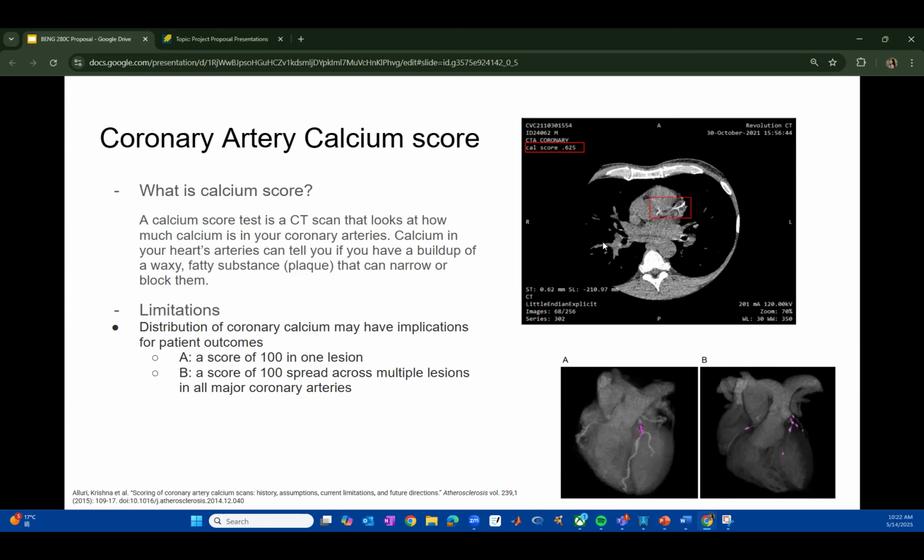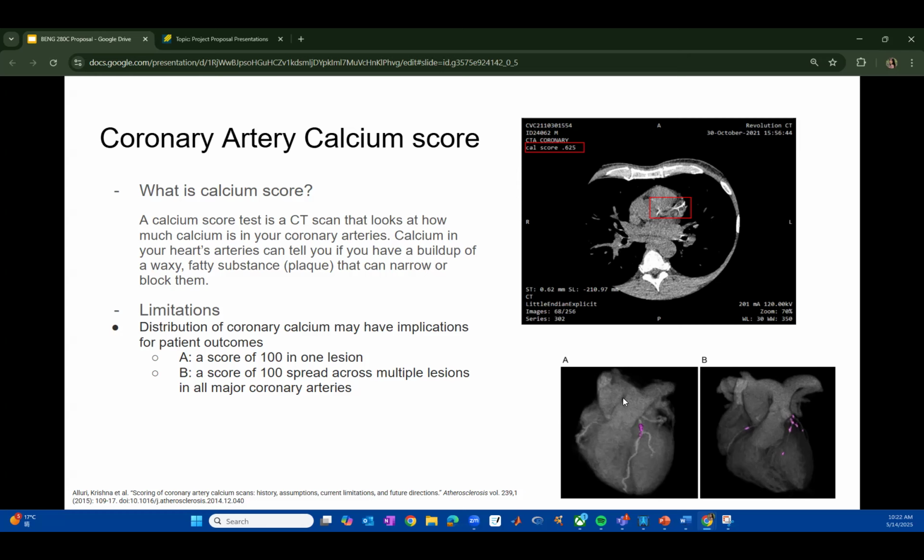The higher CAC scores are associated with an increased risk of death, but the score only reflects total calcium. It doesn't tell us how many lesions there are or where they're located. This lack of information about the distribution of coronary calcium can be problematic.